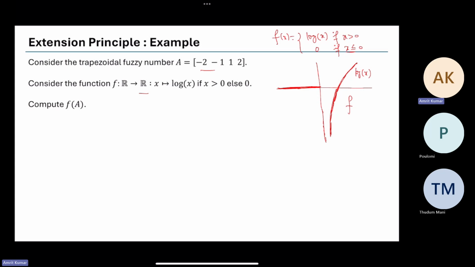And we have a trapezoidal fuzzy number a. Now, a is a fuzzy set over R and f is a function from R to R. So when we apply f to it, we get a fuzzy set f of a over R. And the membership function of this fuzzy set f of a by the extension principle is given like this.